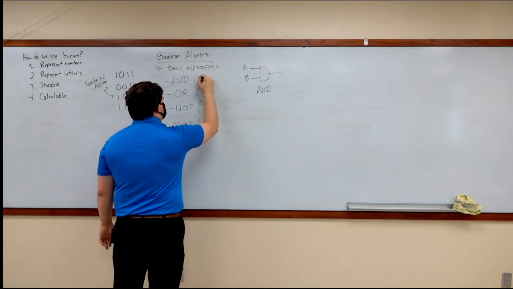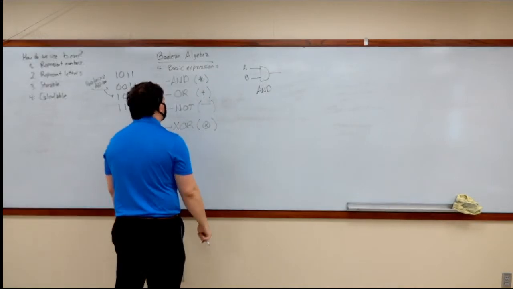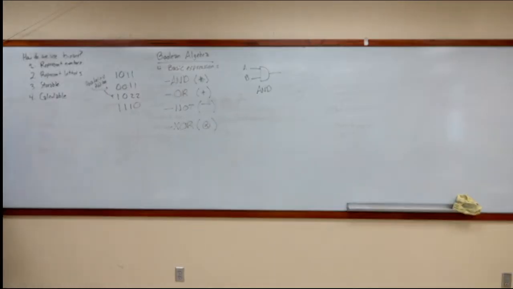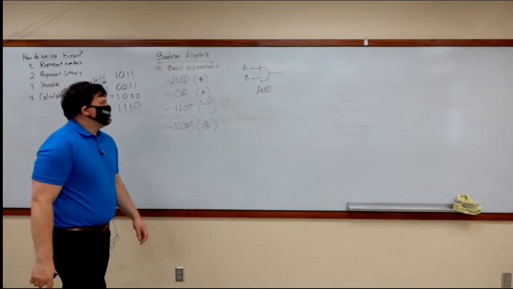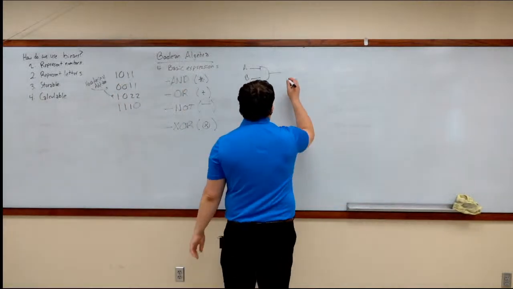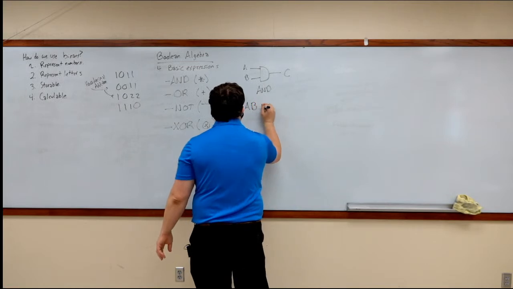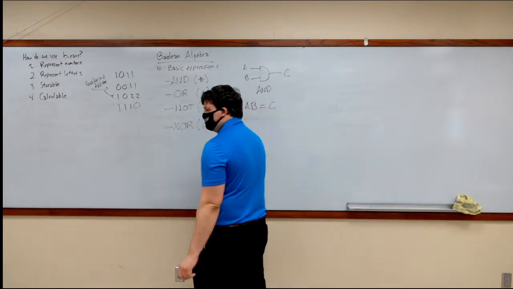This is a multiplication. This is an add. My apologies. AND is multiplication, OR is adding. I told you that exactly backwards. Not that it's going to change anything on your end yet. But I'm going to take these two and multiply them by each other. A times B is equal to C.